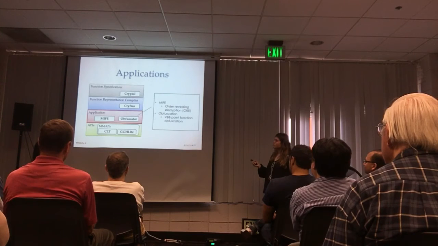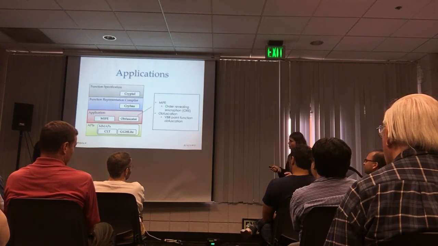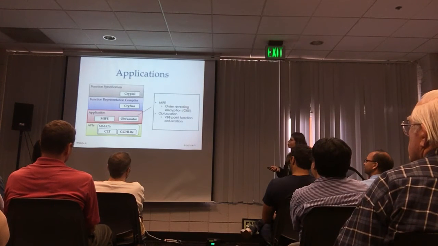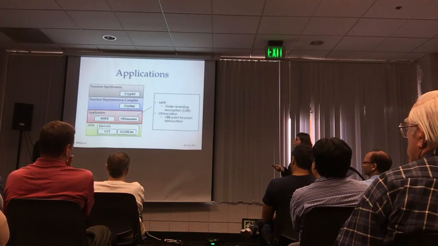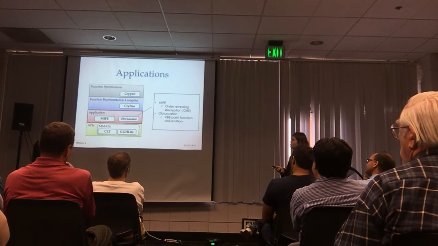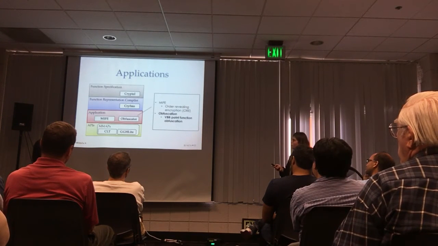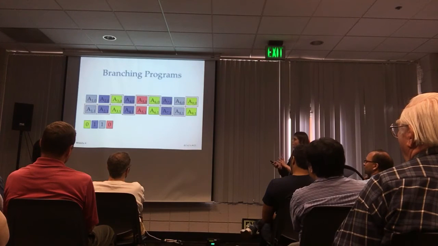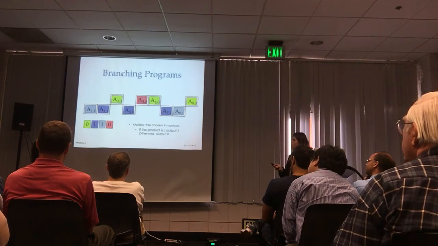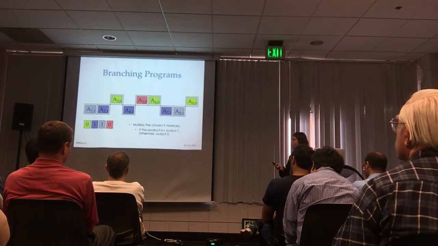Okay, so this was the part of our compiler. Next, we'll have our applications, which include point function obfuscation and multi-input functional encryption. For the obfuscation, as I mentioned, we will be looking at these matrix branching programs, and we know how they work by now.